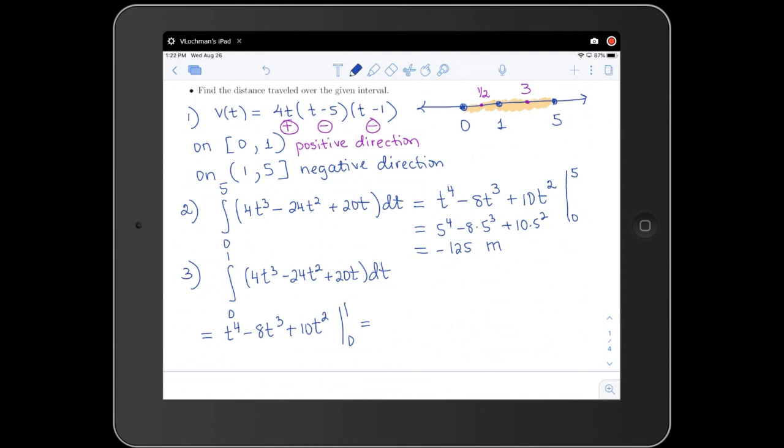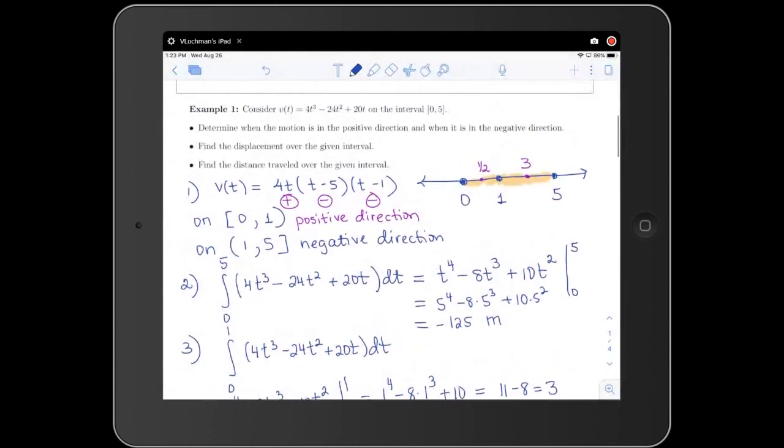If we evaluate this from 0 to 1, that's 1 to the fourth minus 8 times 1 cubed plus 10. Isn't that 3? It's 11 minus 8, so that should be okay. It's 3, and we're going in the positive direction.